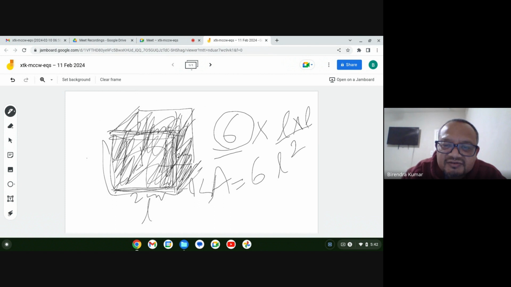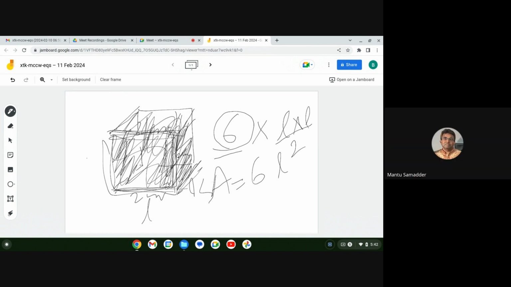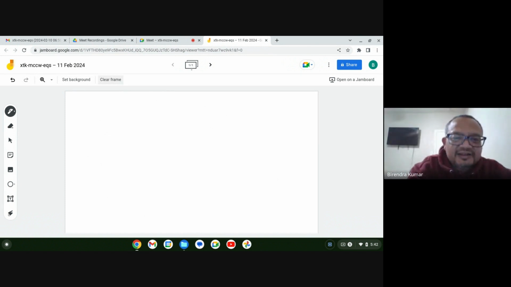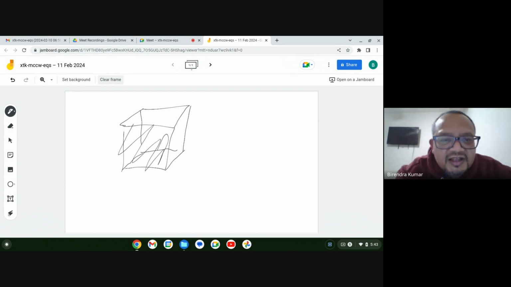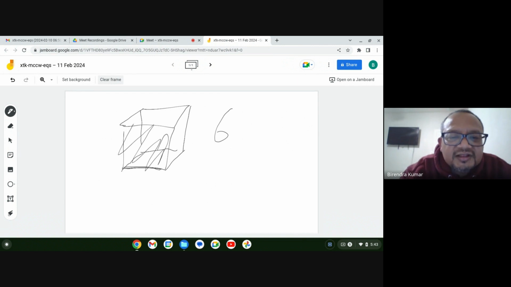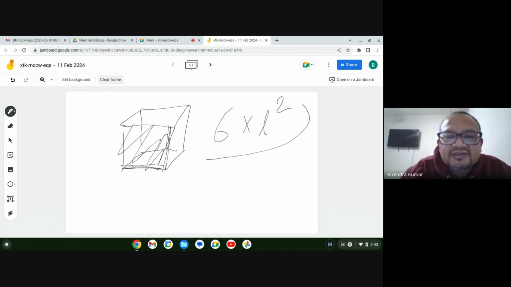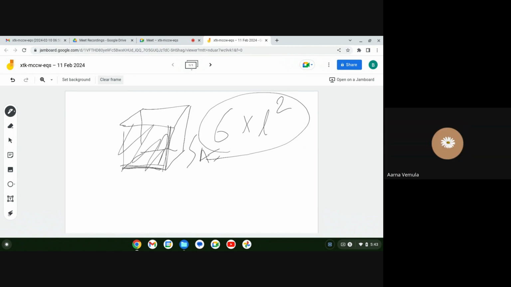Imagine a dice with all the sides the same. To find the surface area, you just find the area of one side and multiply that by 6. That will be the total surface area. Here, this is your length and this is width, both are the same, so you'll say 6 times length square. That is your total surface area. Am I making sense?